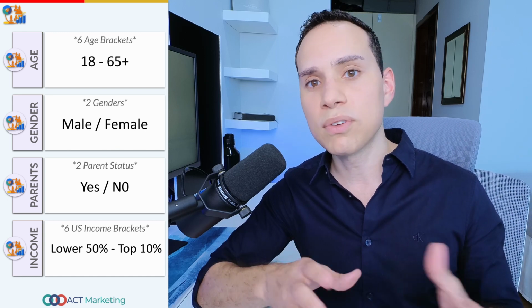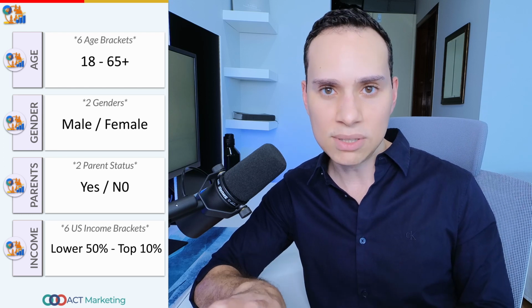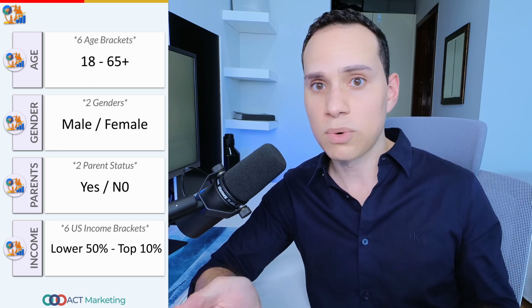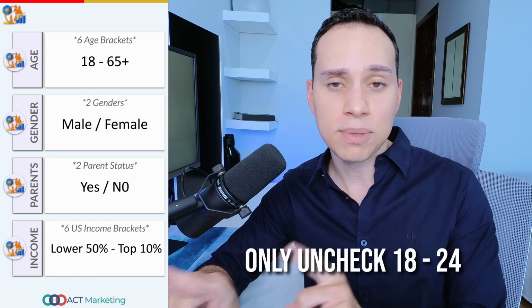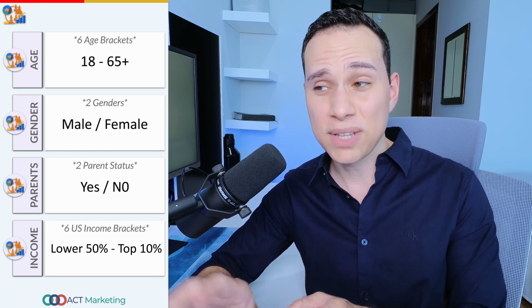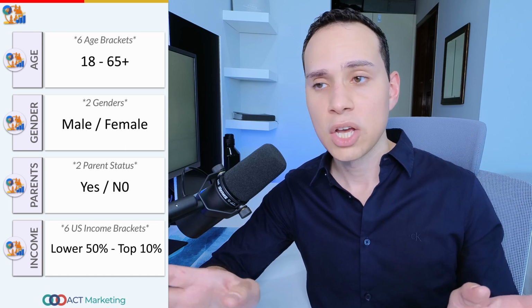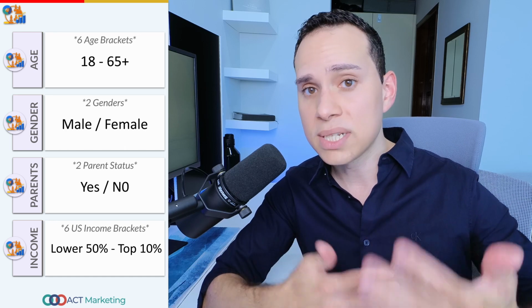And that's because the more things you check off here at this level, the more expensive your ads are going to be. So what I recommend doing, for whatever your business or channel is, is only uncheck 18 to 24, because that age bracket probably isn't buying your products or services. After that, just leave everything else alone, because Google's automatically going to gather all this data for you.